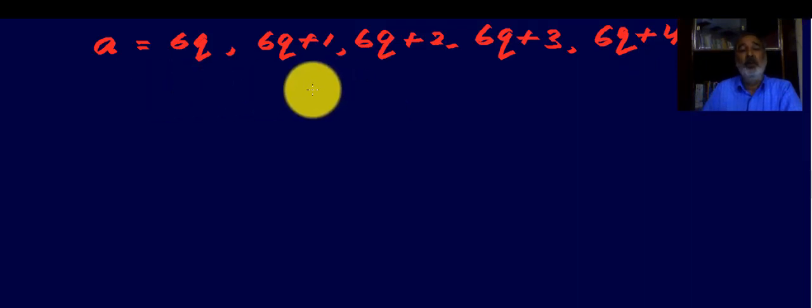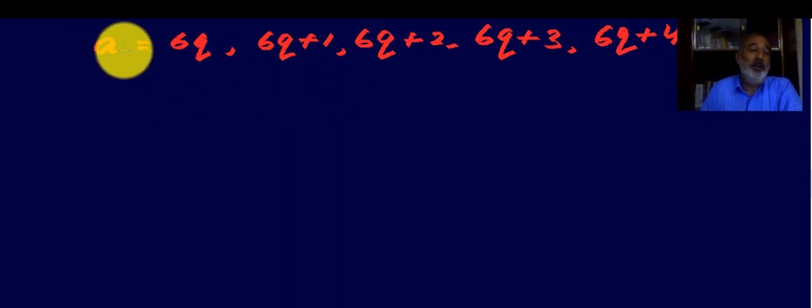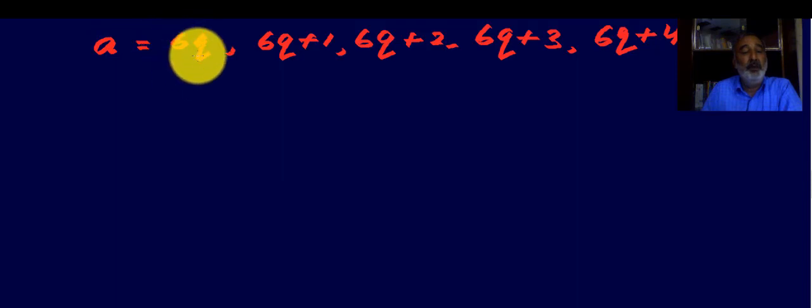Remember it. If our divisor is 6, then a can have 6 different forms. If I take remainder 0, it will appear as 6q. If the value of remainder is 1, then it can be written in the form of 6q plus 1 and so on.